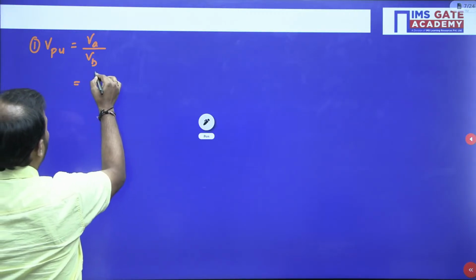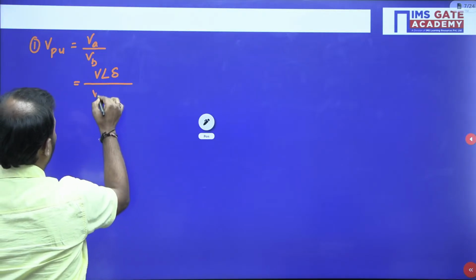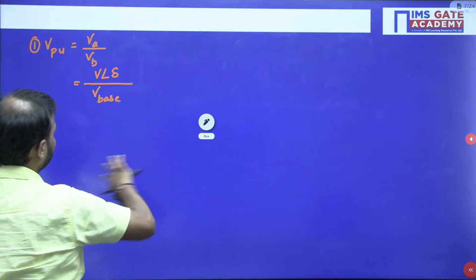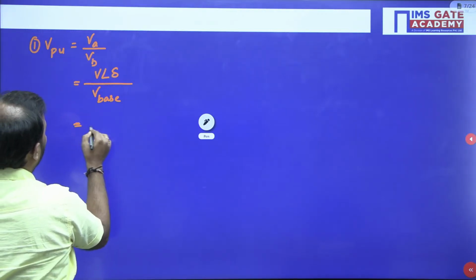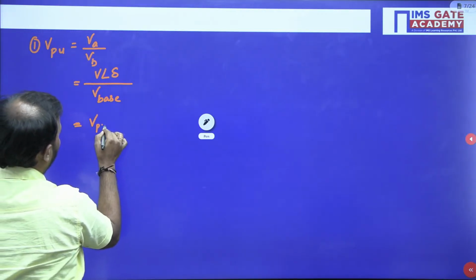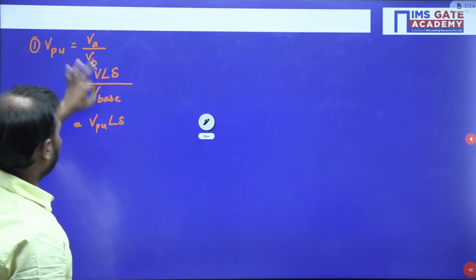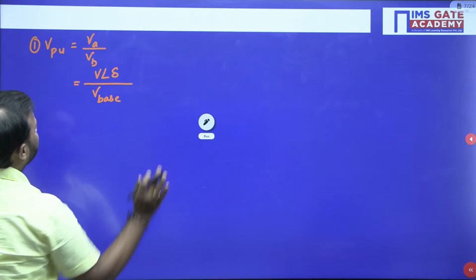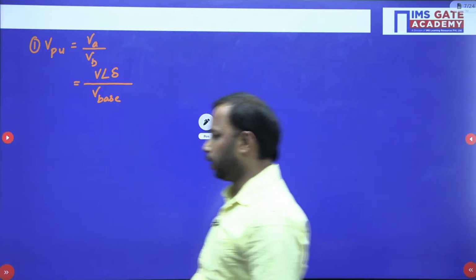V actual we wrote as V at an angle delta, remember? And V base is what is mentioned. So this will be V per unit at an angle delta. This is your per unit of voltage.